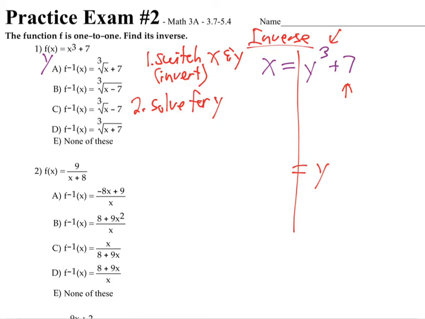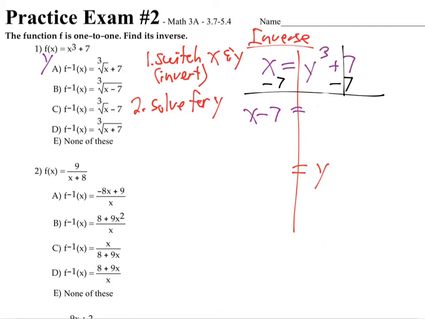So what do we do first to start getting y alone? Subtract the 7. That's right. So we'll come in here and we'll go minus 7. Cancels out. So we get y cubed is x minus 7.